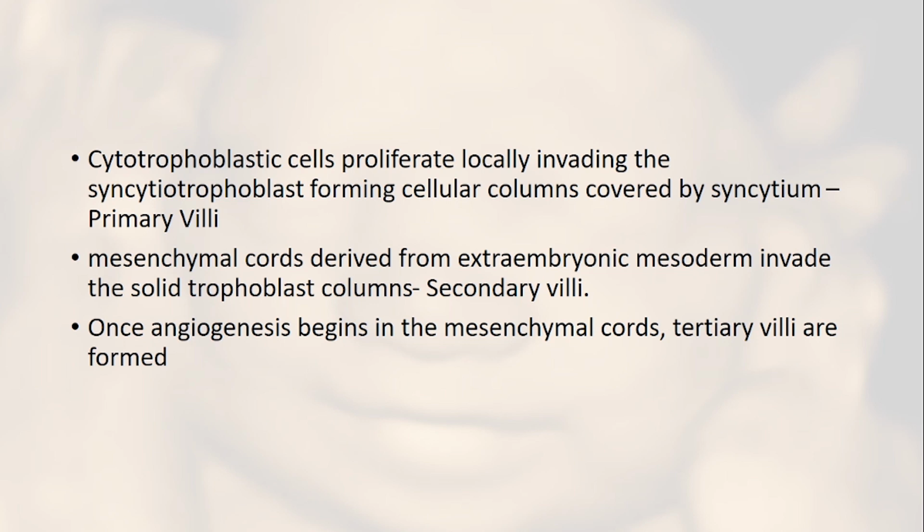And then the cytotrophoblast proliferate, forming columns into the syncytium, and this gives rise to the primary villi. And then mesenchymal cells from extraembryonic mesoderm also invade this column, and at this point it is now called a secondary villus.